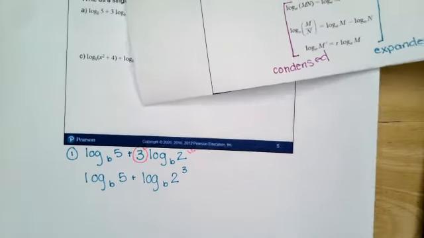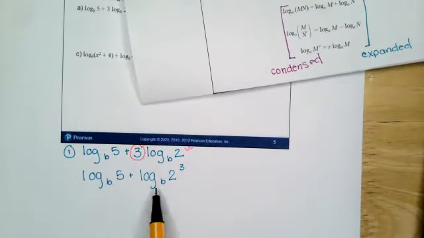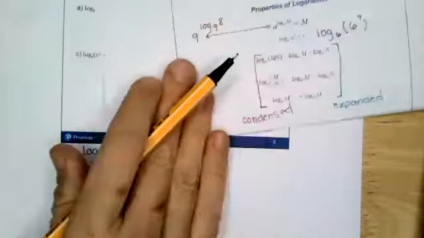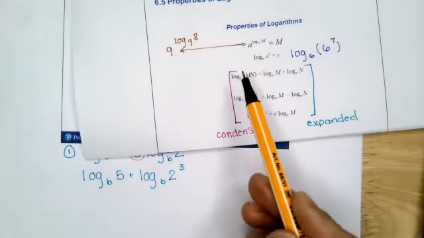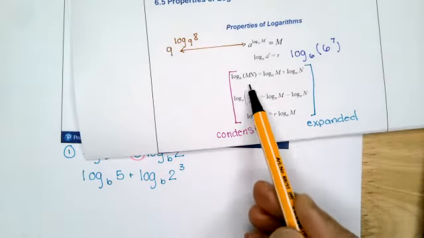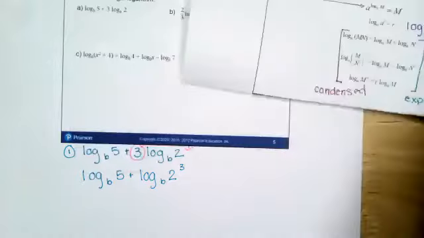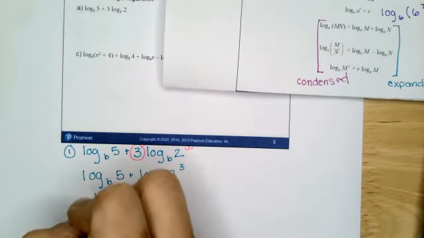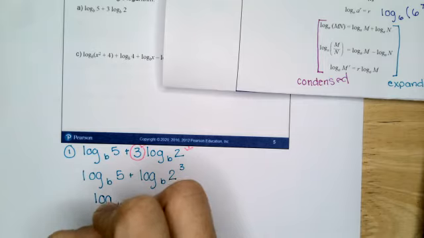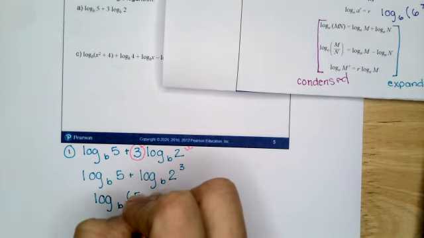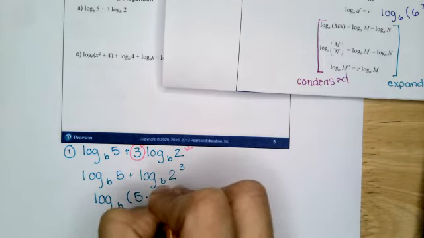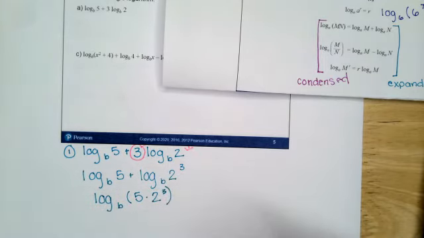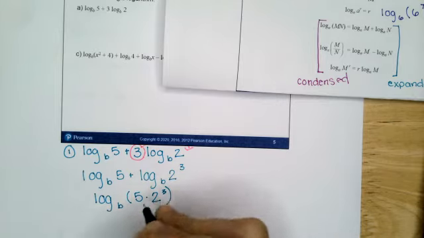Good? All right. They're both base b and they're being added. That means we can now combine them via multiplication. Log base b of 5 times 2 to the power of 3. You're also welcome to have worked that out to 8 beforehand if you want.